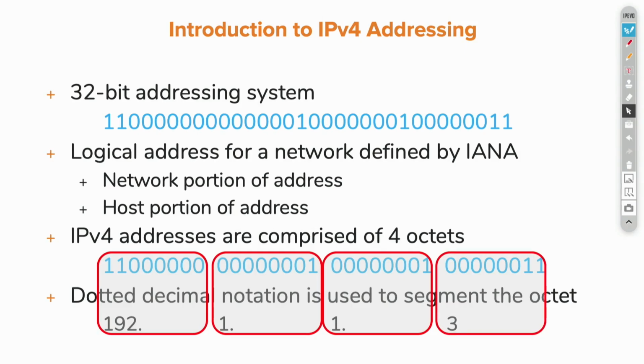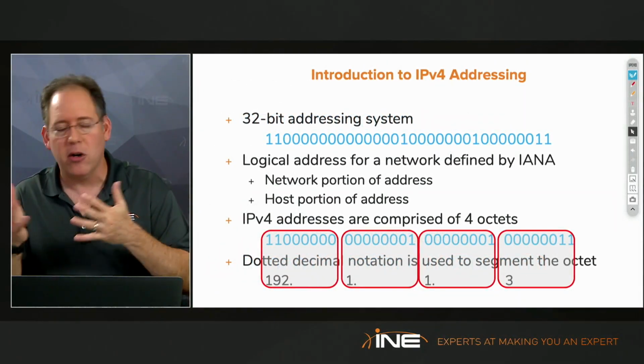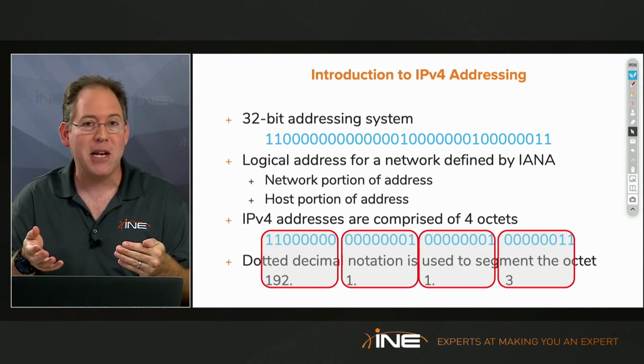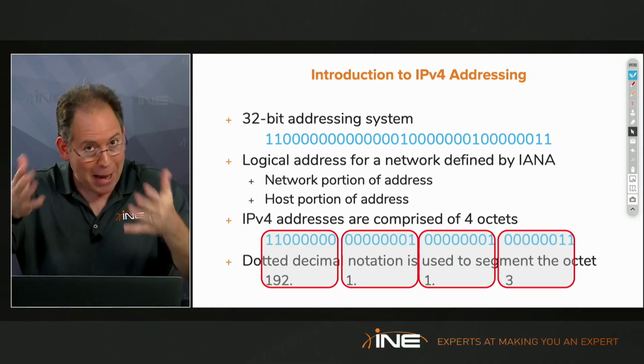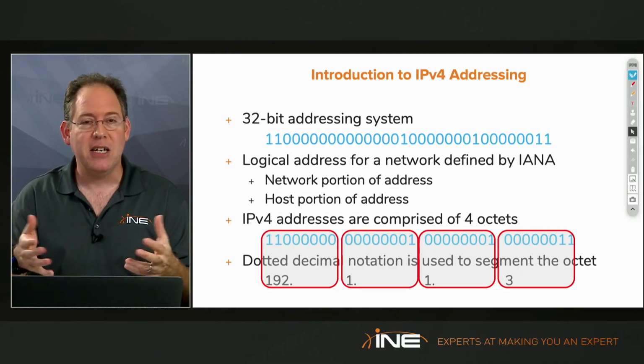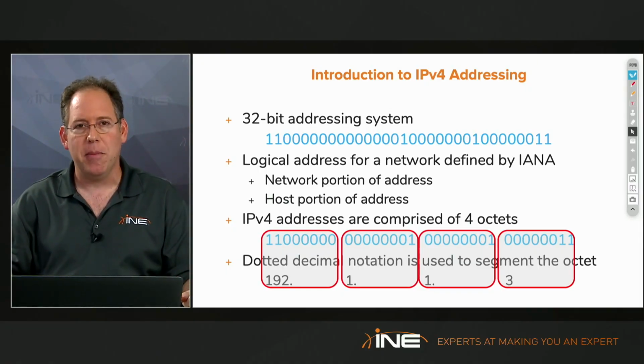So this is called dotted decimal notation, and this is how you will see and manipulate IP addresses. But just be aware that whenever you go into any system, whether it be your laptop, your PC, a router, a switch, and you type in an IP address, even though you're typing it as dotted decimal, in the background that computing device is translating it into one big long string of 32 bits in binary.